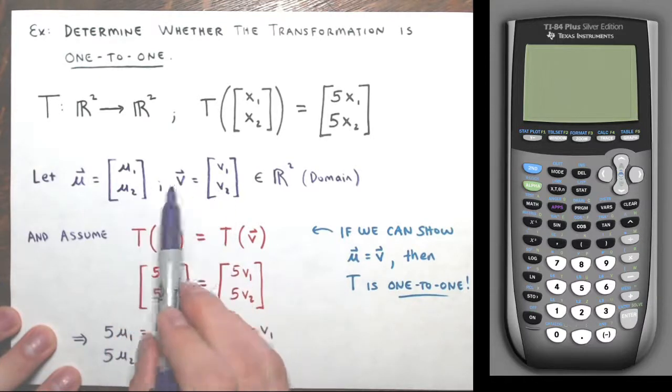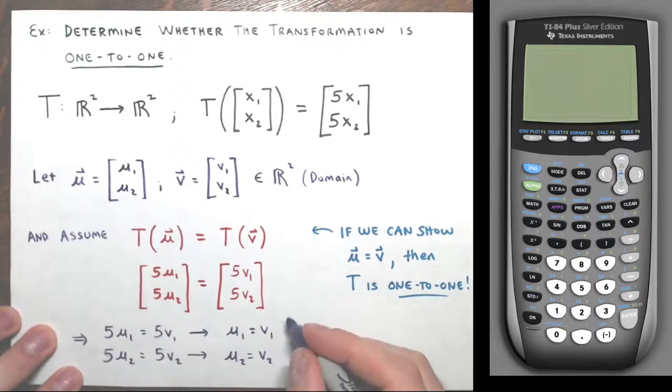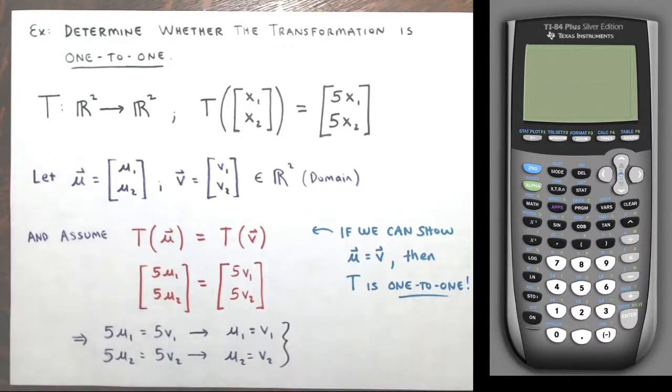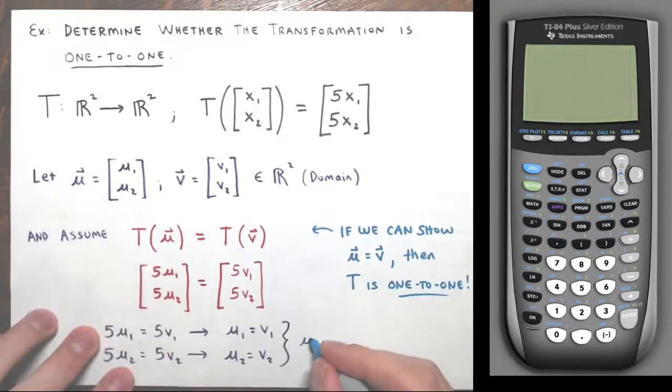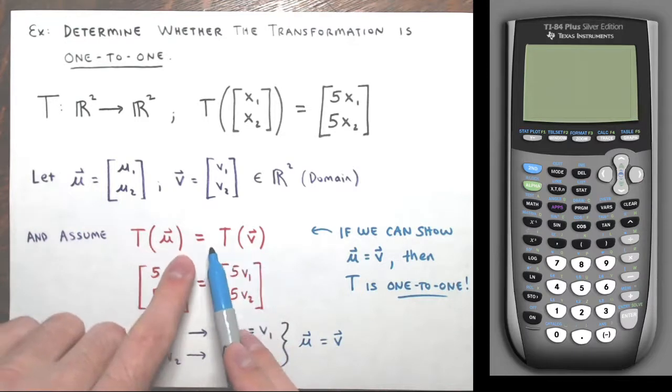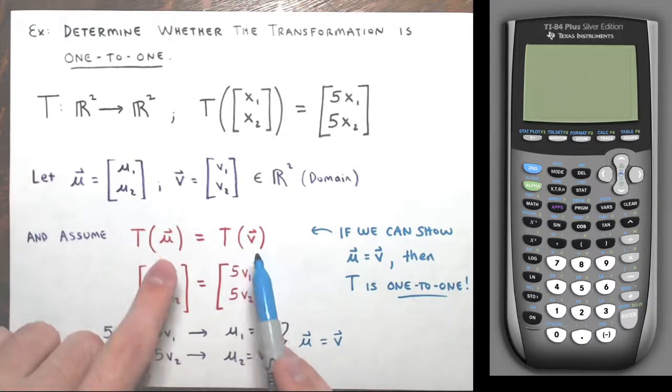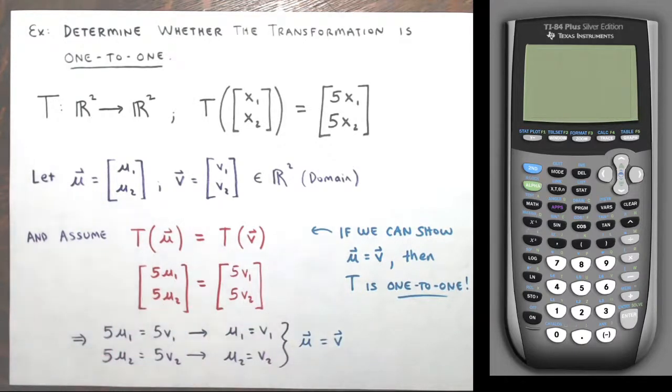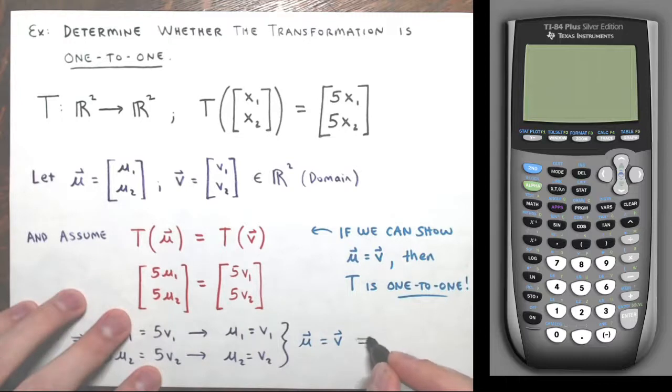The second components of u and v must be the same. So putting these together, we are seeing indeed vector u must be equal to vector v. So if two outputs are equal, their inputs must be the same input, not two different inputs going to the same output. Therefore, T is a one-to-one transformation.